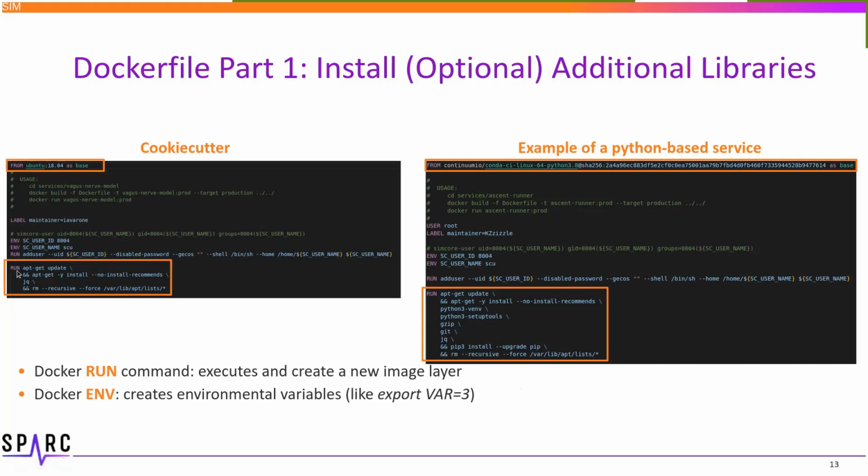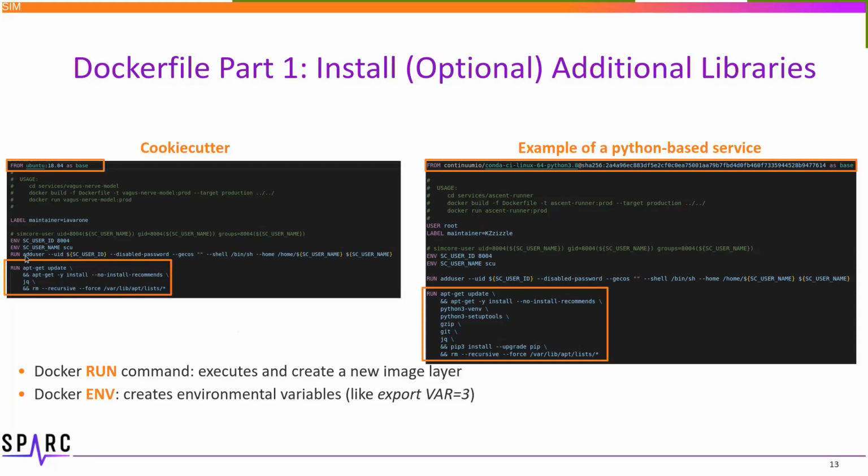You see these blocks that are called with RUN. This is basically like running a command in your terminal. What happens in Docker is that every time you type RUN something, it builds an additional layer on your image. Normally Docker images have different layers. This is really useful to rebuild part of it, so it's much faster.